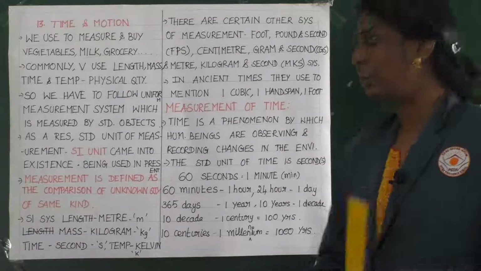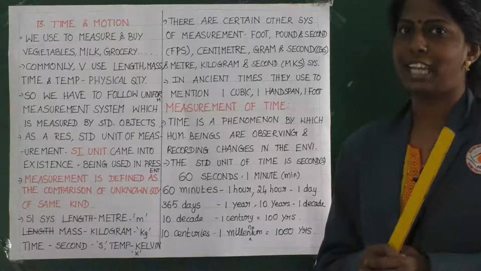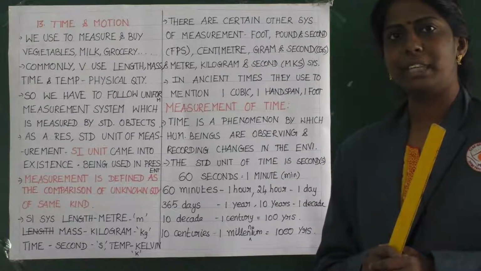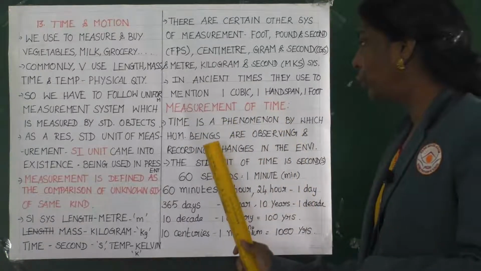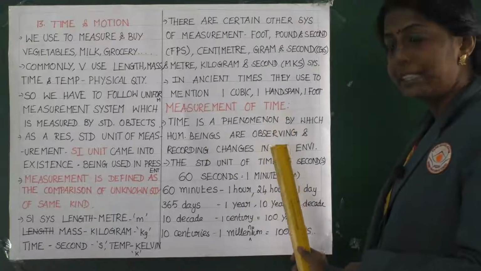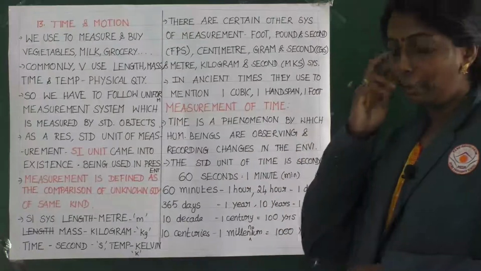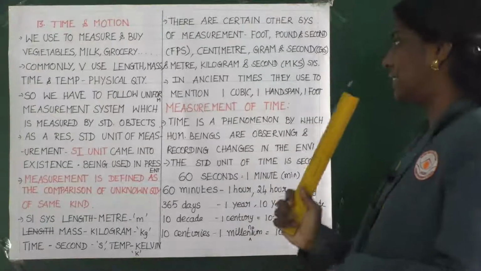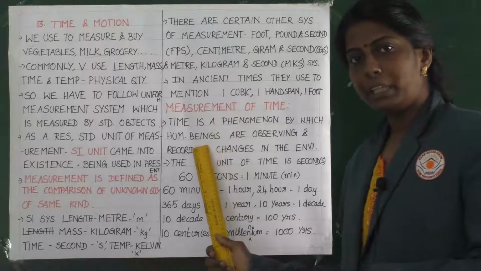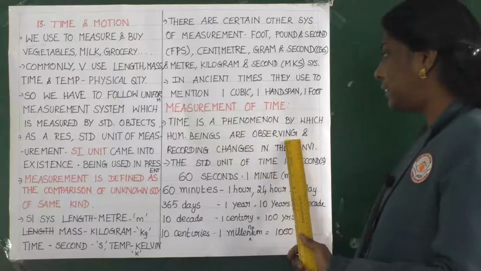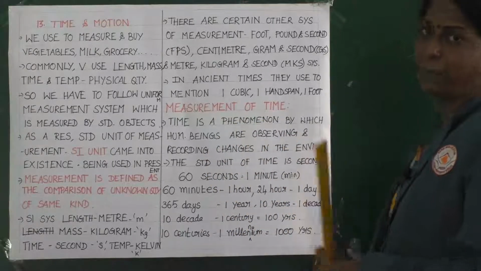So the first thing is about measurement of time. So what do you mean by time? Time is a phenomenon by which human beings are observing and recording changes in the environment.